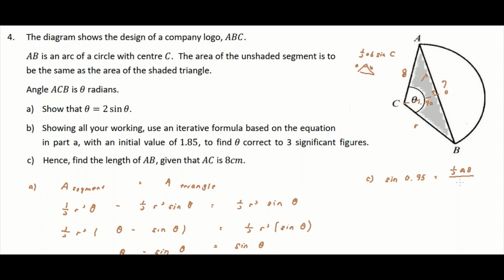Over the hypotenuse, which is 8. Okay, so for you to solve it, then 1 over 2 AB will be equal to 8 sine 0.95. So you continue to solve for your AB, which is multiply the whole thing with 2, then you'll be able to get 13.014 cm.